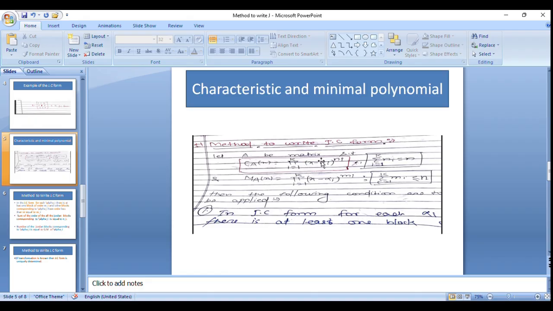And the minimal polynomial is the product for i from 1 to k of (x minus alpha_i) to the power m_i, where m_i is less than or equal to n_i. So we have given C_A(x) and M_A(x), and we need to write a Jordan canonical form for the given matrix A.